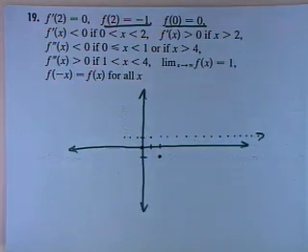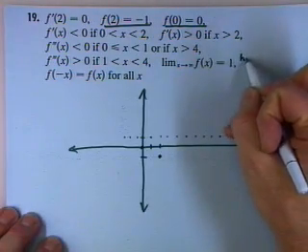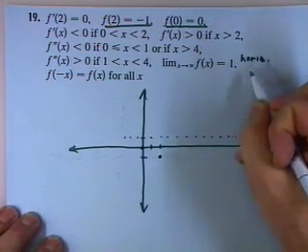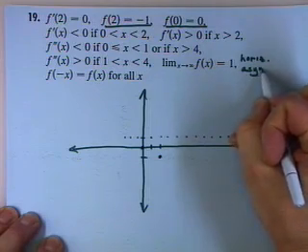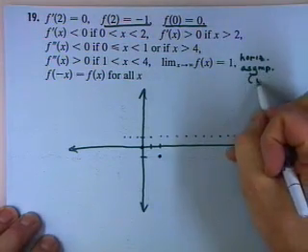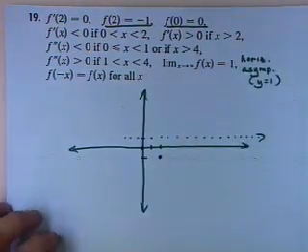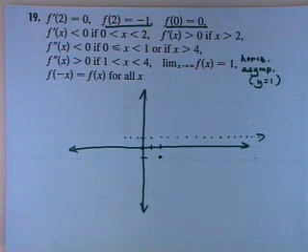Now, I probably shouldn't put that over to the left because I don't know that that's a boundary for x approaching negative infinity. But for x approaching positive infinity, the y values are eventually going to approach 1. So that's a horizontal asymptote at y equals 1.